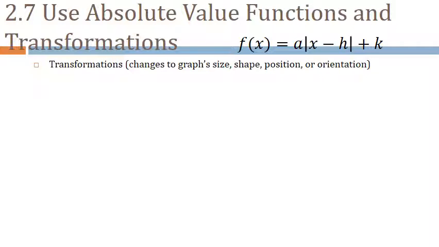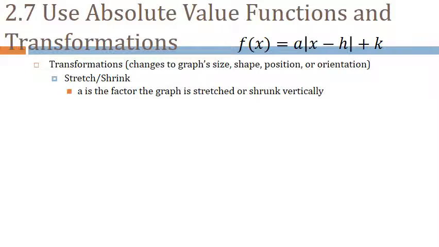Transformations change the graph size, shape, position, or orientation. We're going to deal with a few transformations today. The first is a stretch or shrink, and this will be vertical. A is the factor the graph is stretched or shrunk by. So when A is 2, it'll be twice as tall.